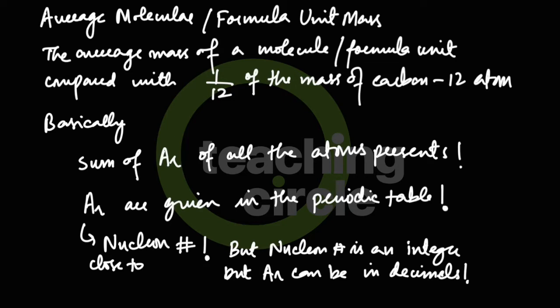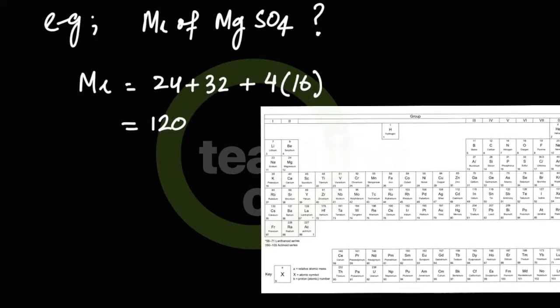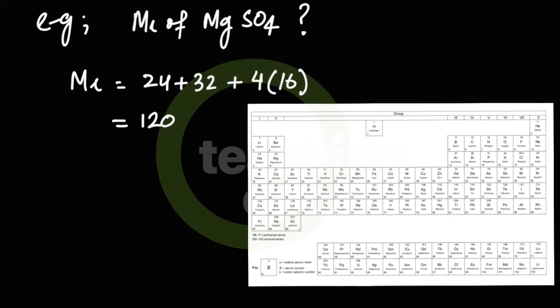So let's look at a question. You could be asked this question in an MCQ. In fact, this is one of the questions in the past papers, and it asked for the relative molecular mass of MgSO4.